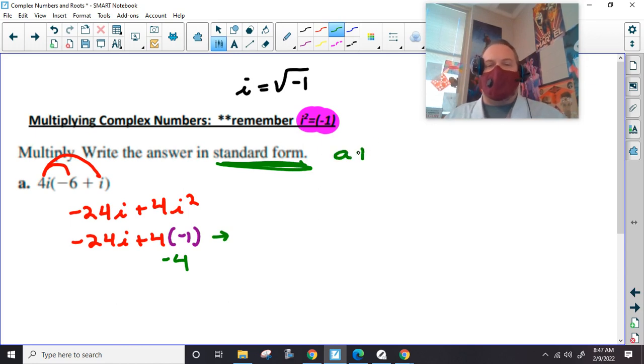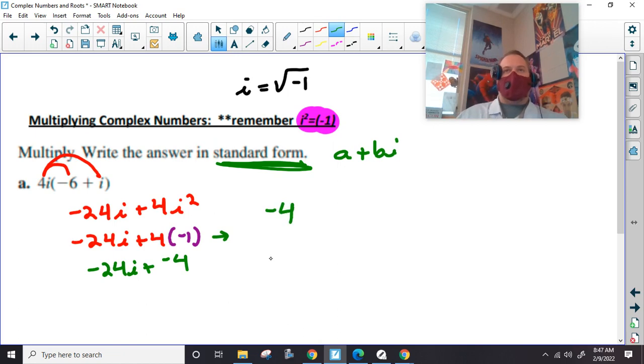This is the a plus bi. That's the real number first. So if we look at this, which is the number without an i in it? The negative 4. So it goes first. What's the number with the i in it? The negative 24i. So this is actually the standard form.